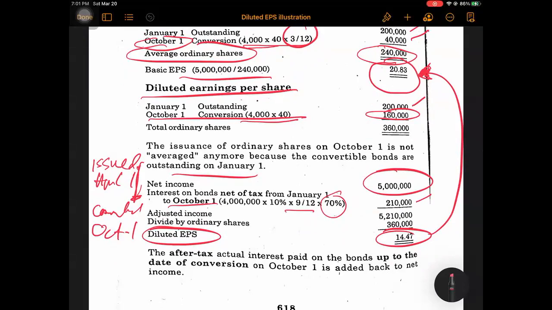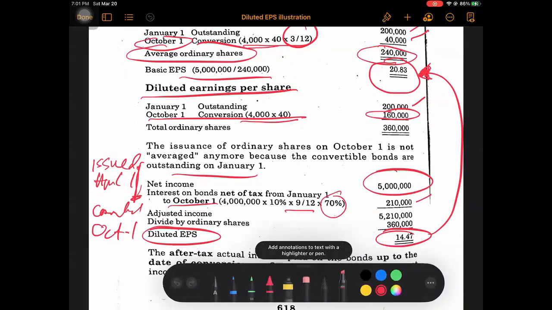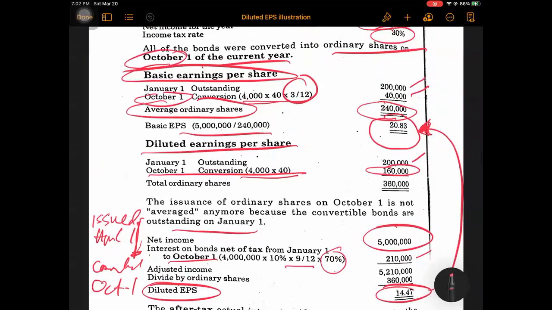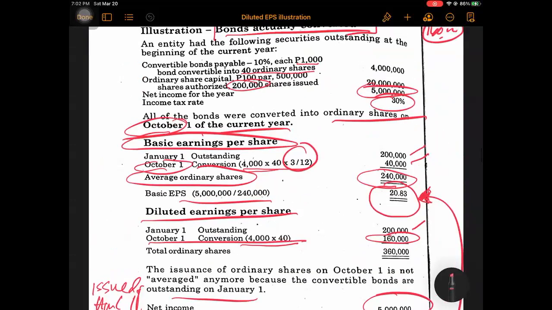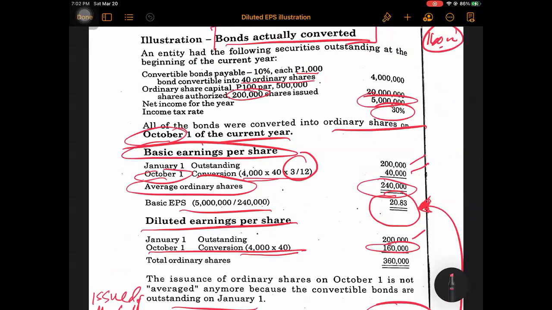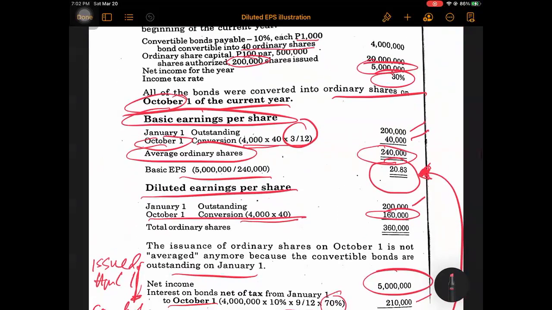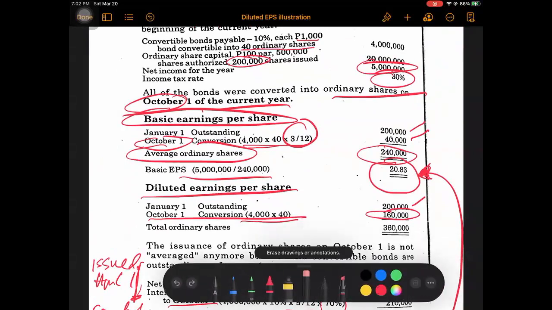Actually pag abot sa basic earnings per share, even April 1 siya gi-issue pero na-convert sa October, wala gihapon changes ani. Because nag-base ta sa atong basic earnings per share kung kanus-a actually converted.